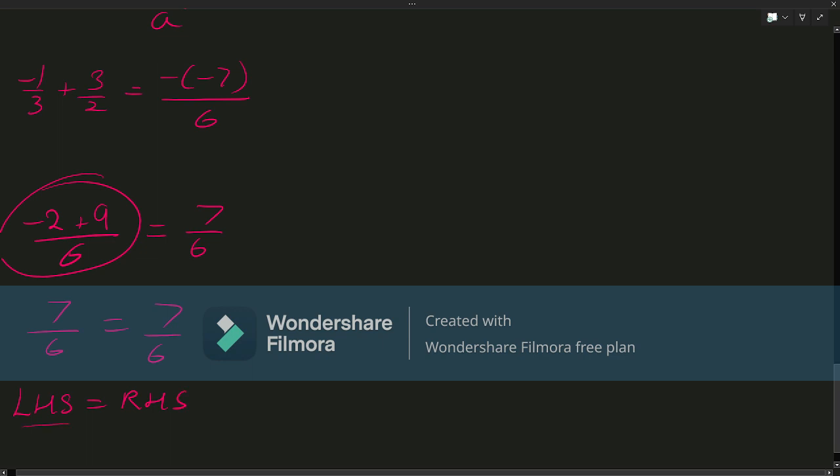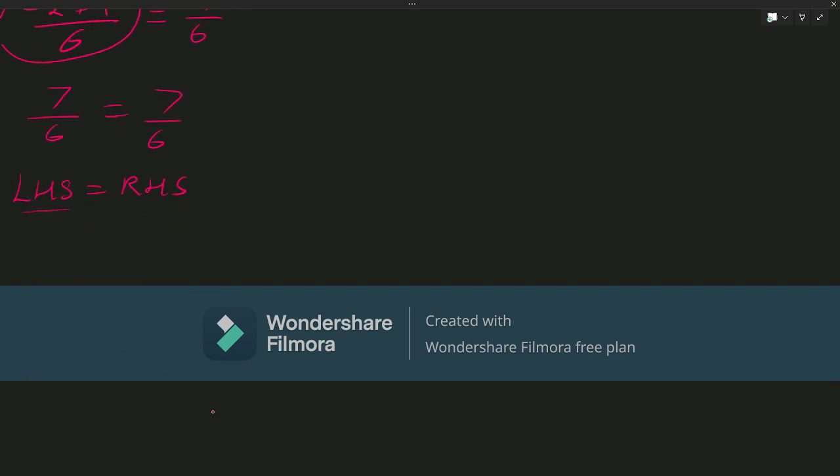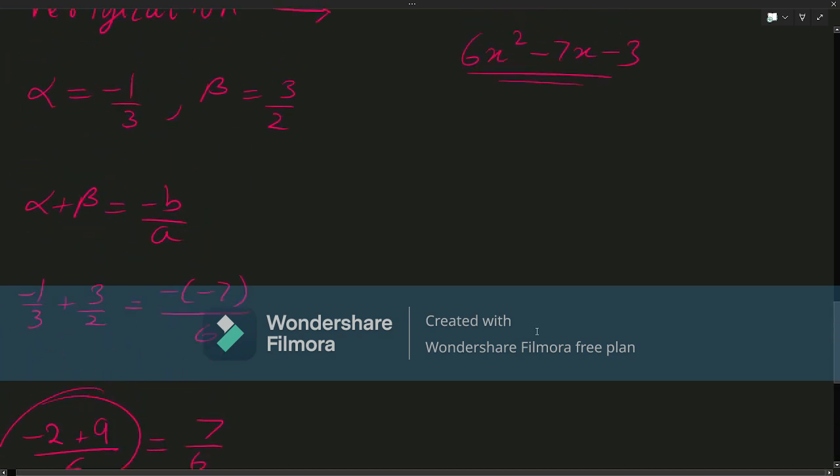Since the LHS side is alpha plus beta, whatever zeros we found, we are going to put the values over there, right? So write this one. Now the next one is alpha into beta. Alpha into beta is equal to c upon a. So minus 1 upon 3 into 3 upon 2 equal to c upon a. What is c? Let's see.